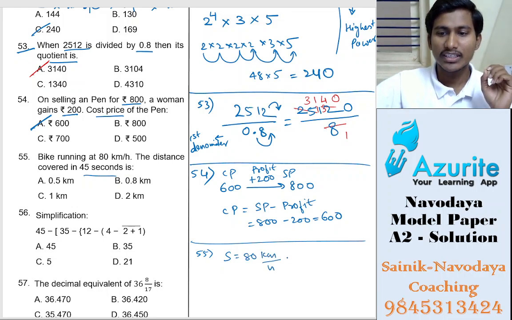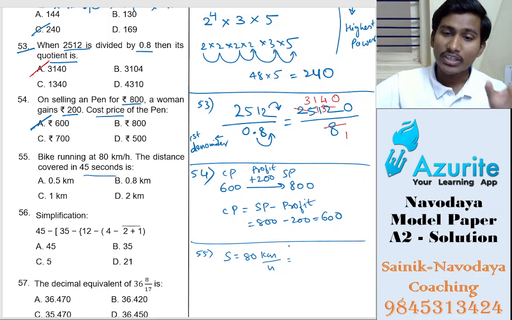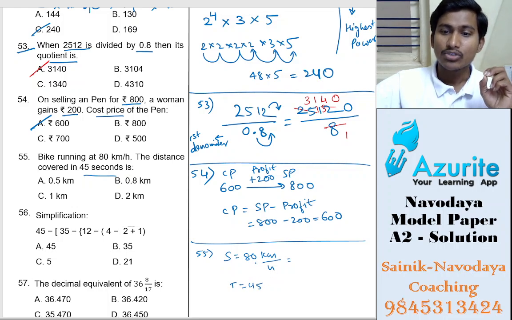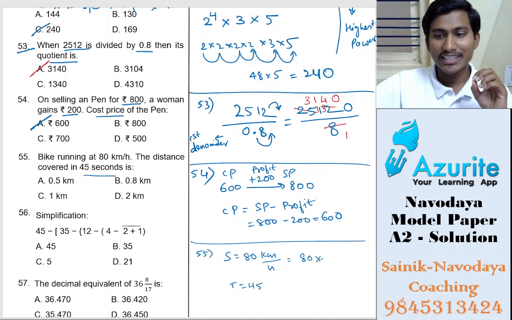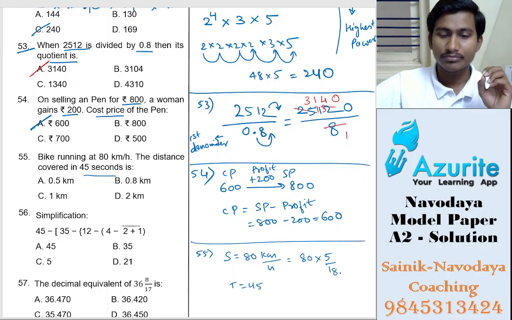Because time is given in seconds, that is 45 seconds, we have to convert from kilometer per hour to meter per second. We have to multiply with 5 by 18. Don't cancel it out yet, we will cancel it at last.